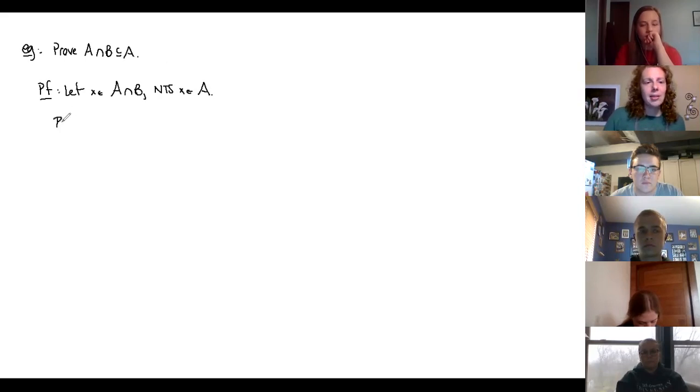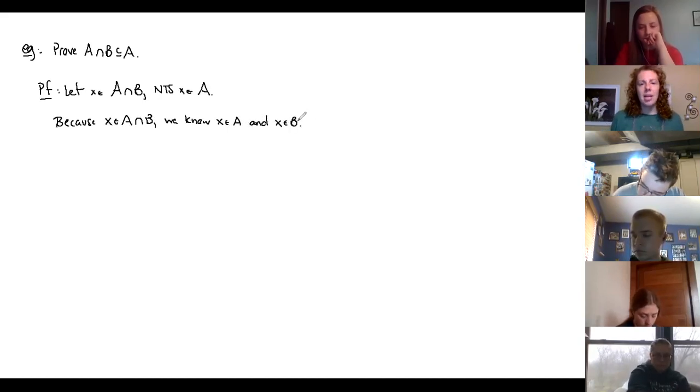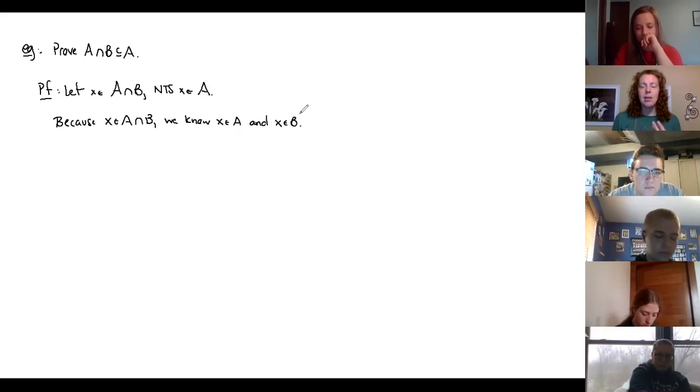Because little x lives in A intersect B, we know that little x lives in A and little x lives in B. That's the definition of intersection, right? If you have x living in A intersect B, then x lives in A and x lives in B, both.